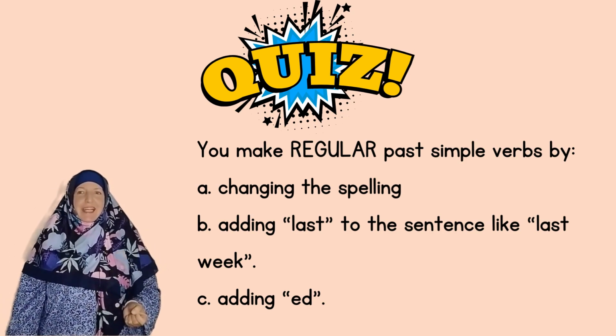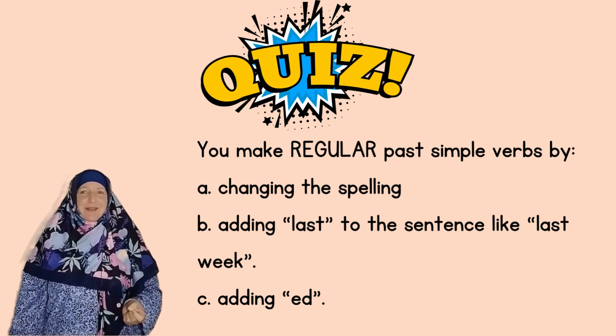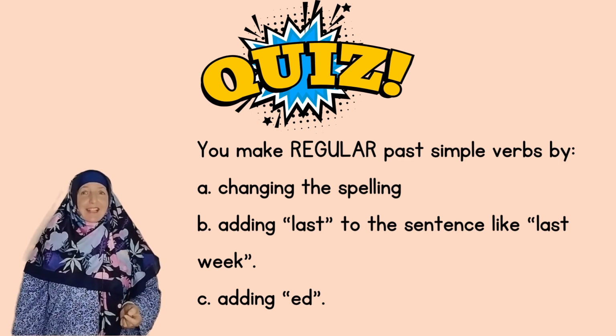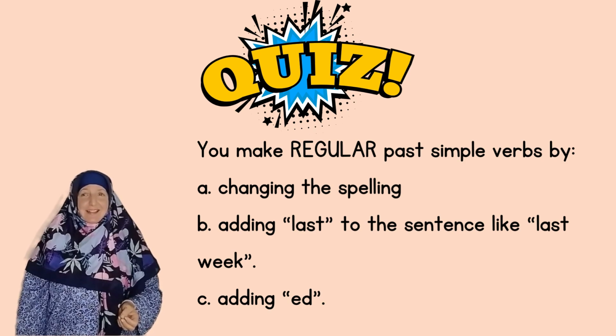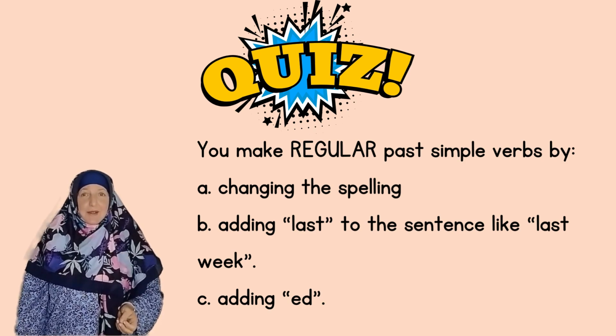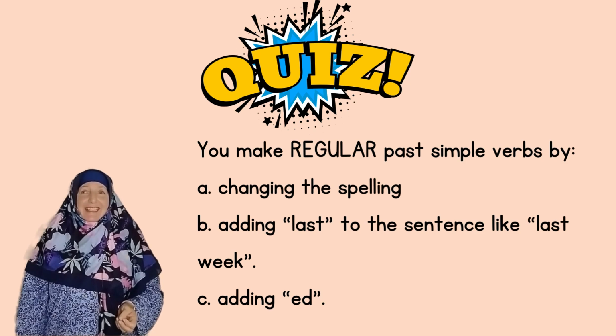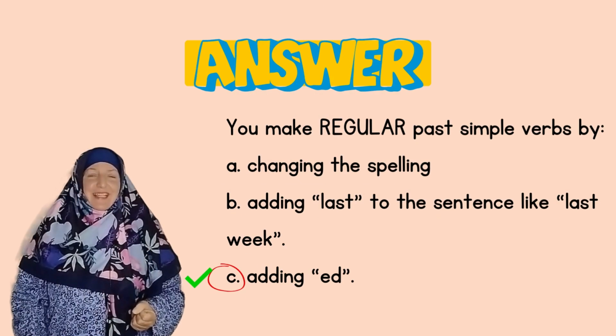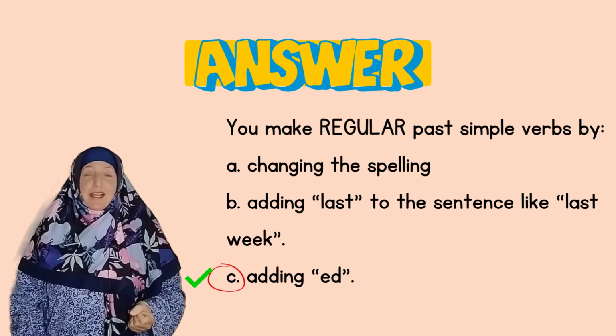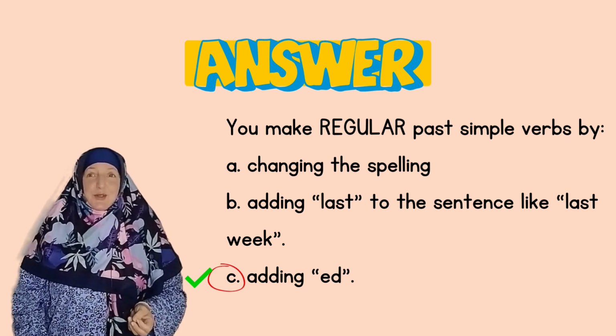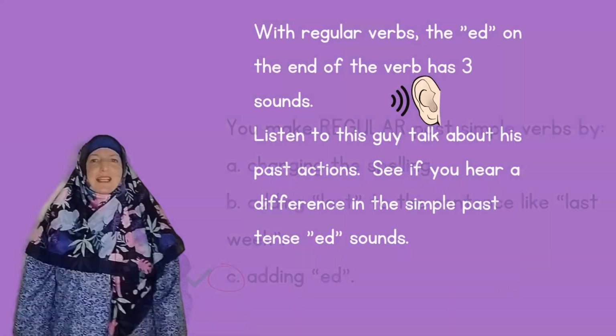You make regular past simple verbs by A, changing the spelling, B, adding last to the sentence like last week, or C, adding ed. The answer is you make regular past simple verbs by C, adding ed to the base verbs.